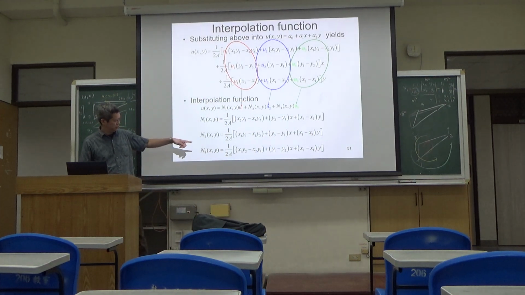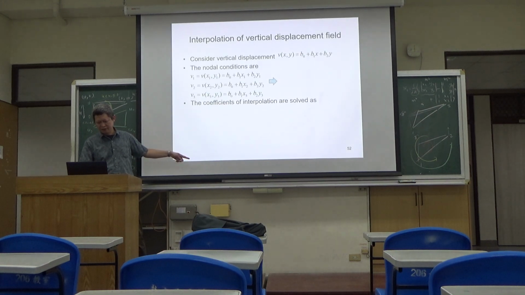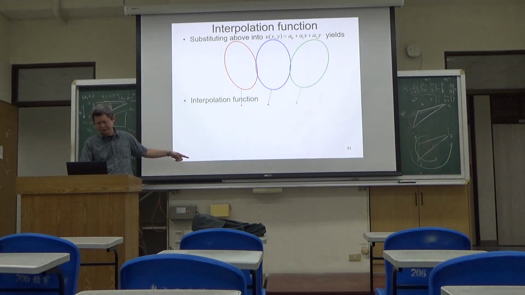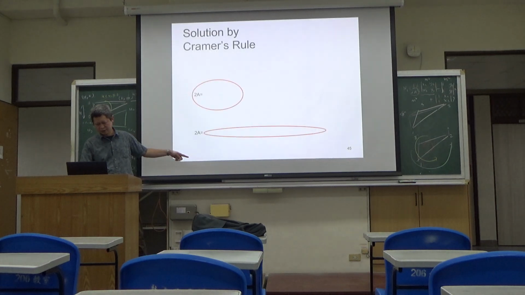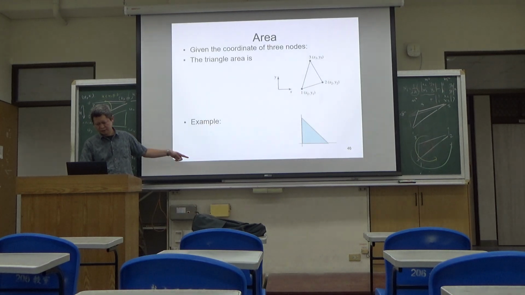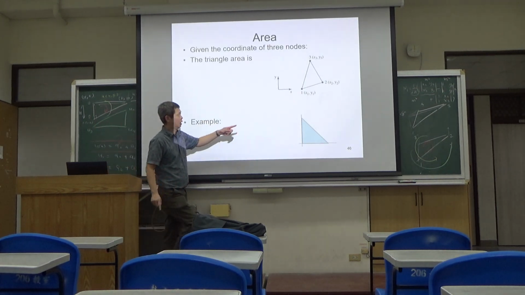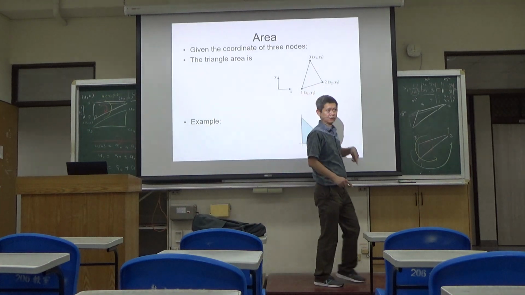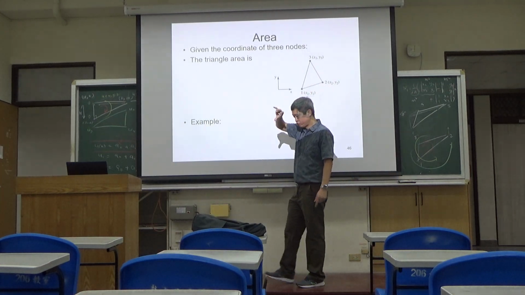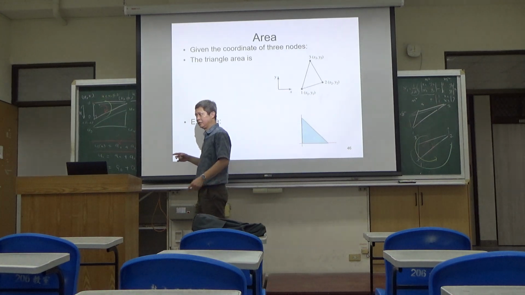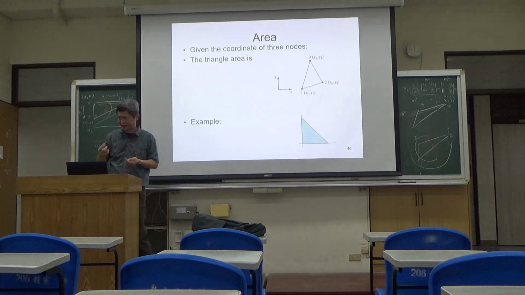So your whole expression is obtained consistent with the sequence of your knots. You have 1, 2, 3. If you reverse the order, you will have changed the sign.